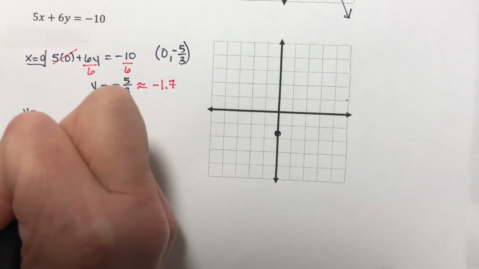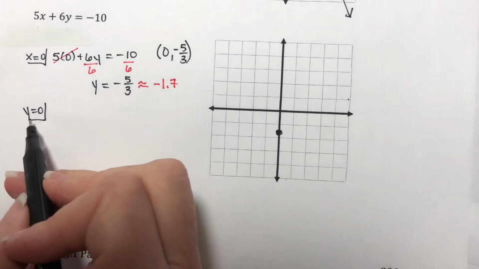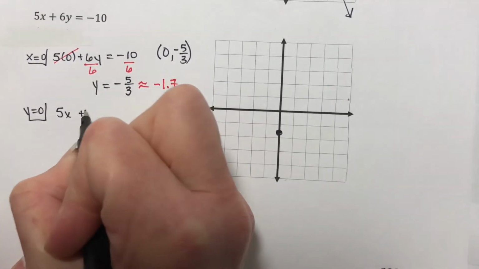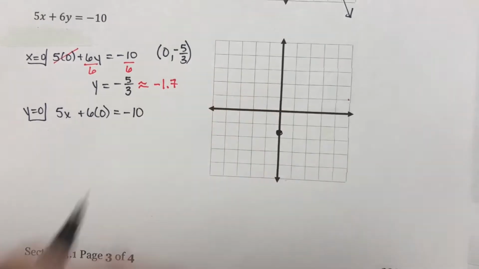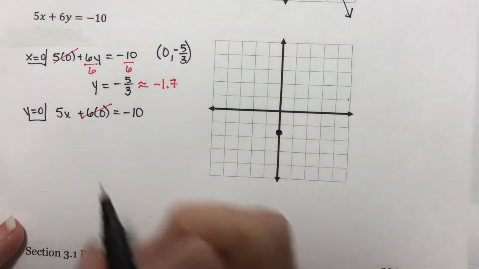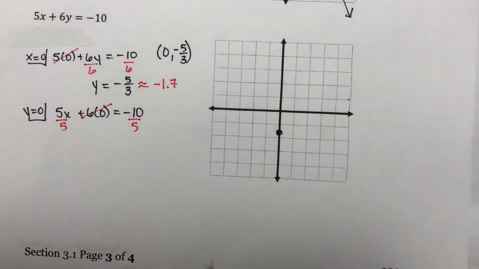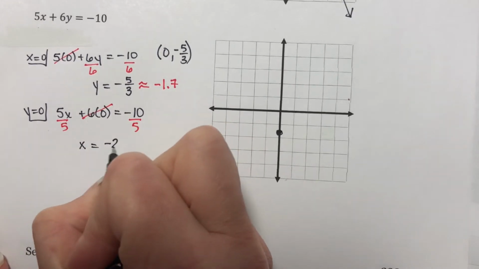Now let's say y equals 0. If y equals 0, I have 5x plus 6 times 0 is equal to negative 10. And this, of course, is gone. So I would divide both sides by 5 to get that x must equal negative 2.